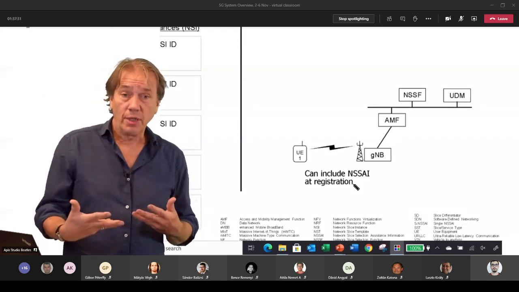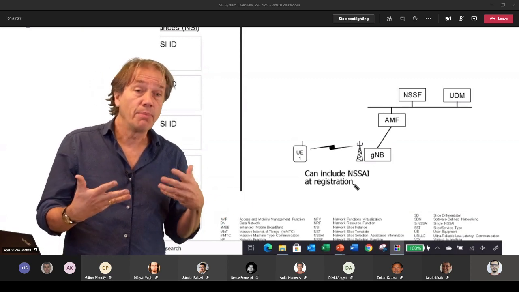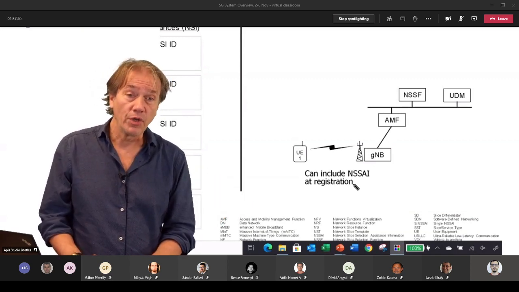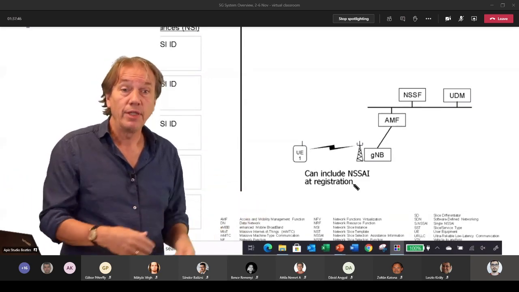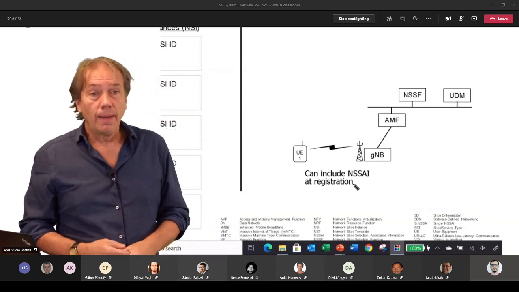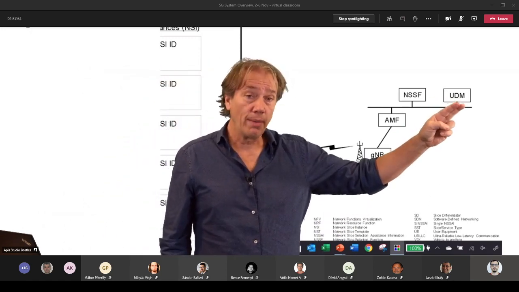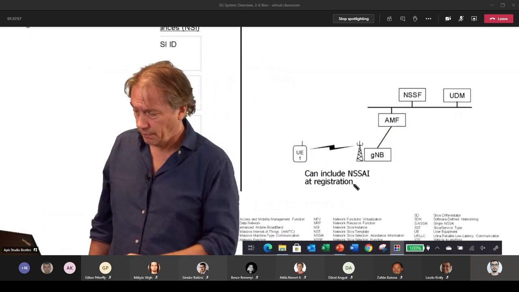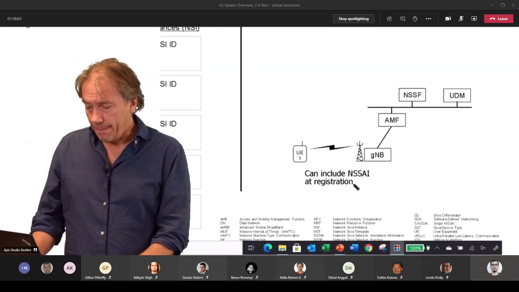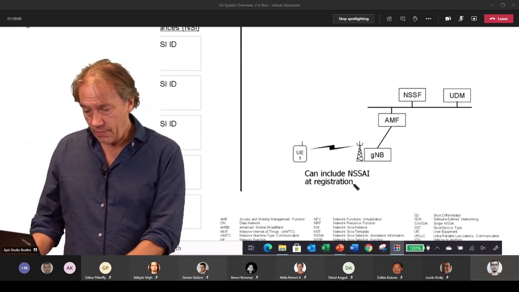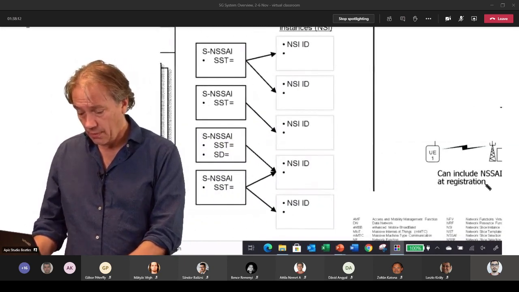If it does not include any NSSAI, if that field is empty, there is some type of default slice configuration. So UEs that don't say anything will be put in the default network slice, or in a network slice or type of network slice which is defined for them in the UDM. We will come back to this in a little while.